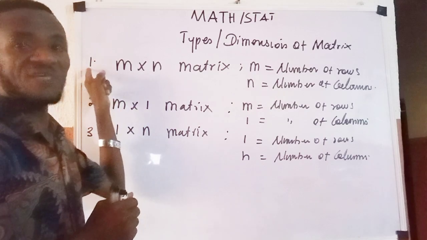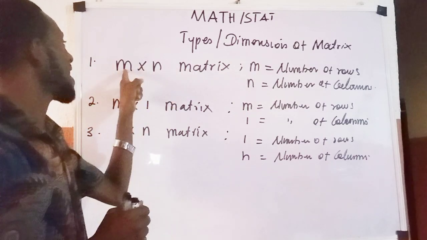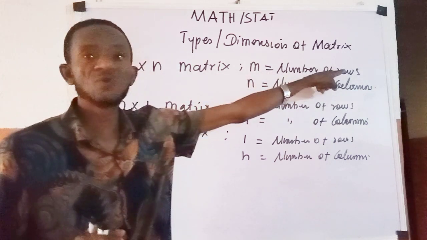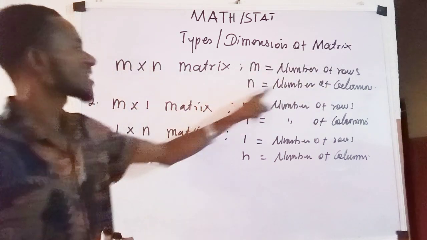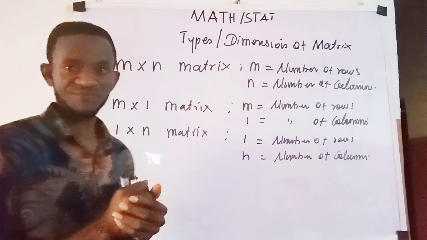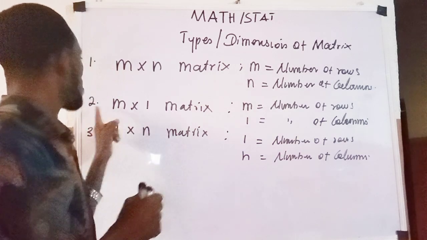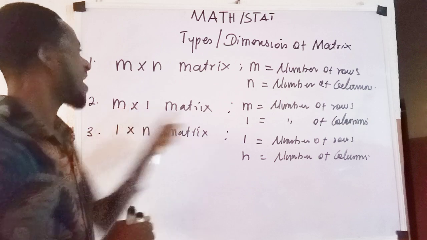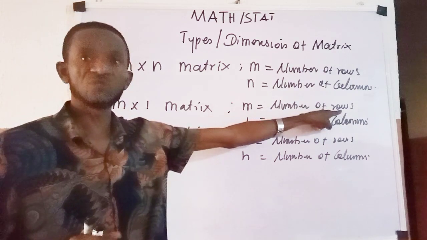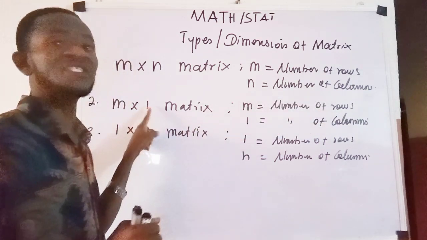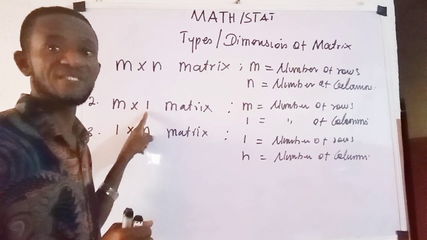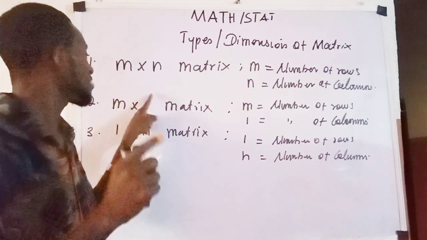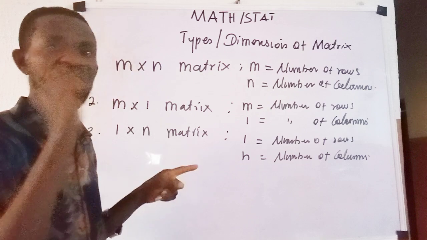Number one, we say that this matrix is called M by N, where M stands for the number of rows and N stands for the number of columns. Then number two, we have M by 1, where M as usual stands for the number of rows. But it is known that in this matrix, the number of columns is 1, and we usually call it a column matrix.